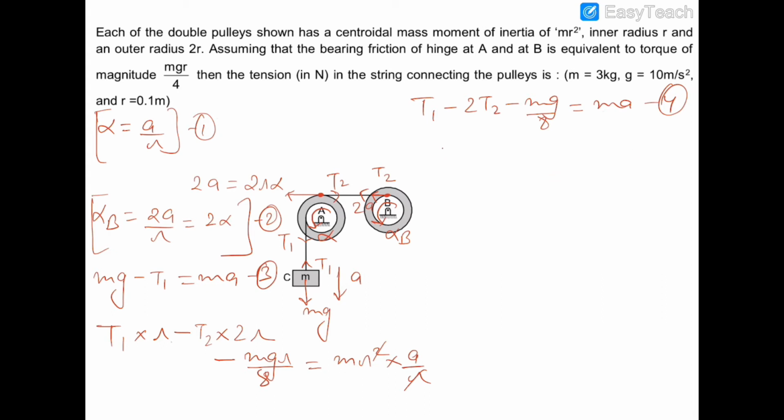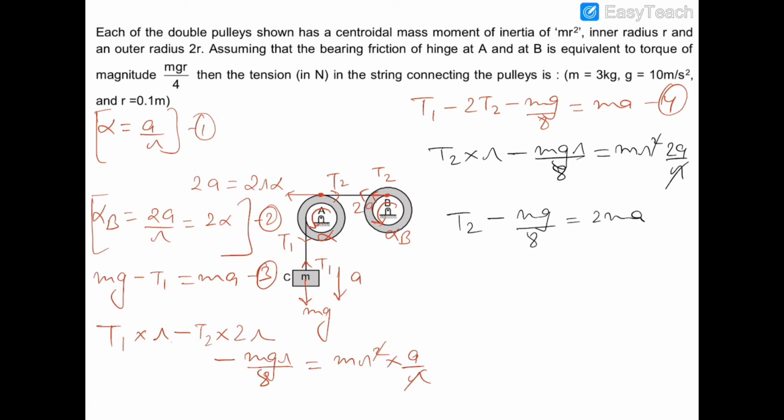So the torque of T2 is T2 into R minus the resistive torque mgr by 8, and that is equal to mr square into alpha of pulley B, and alpha for pulley B is 2a by R. So cancelling this R with R, this equation reduces to T2 minus mg by 8 is equal to 2ma. So this is equation number 5.